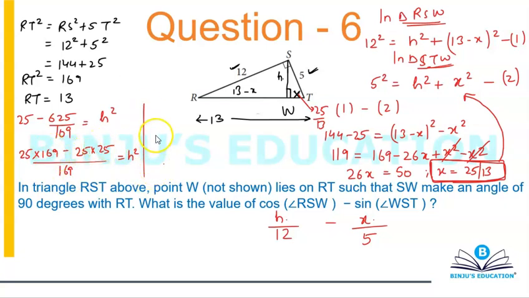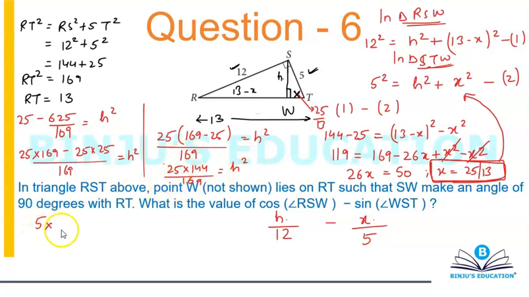In the numerator, I'm going to take 25 common. This will be 169 minus 25 divided by 169 is equal to H square. So 25 into 144 divided by 169 is H square. Now you can take roots on both sides. Square root of 25 is 5, square root of 144 is 12, square root of 169 is 13. So you'll get the value of H as 60 by 13.